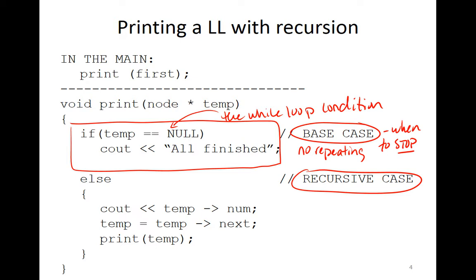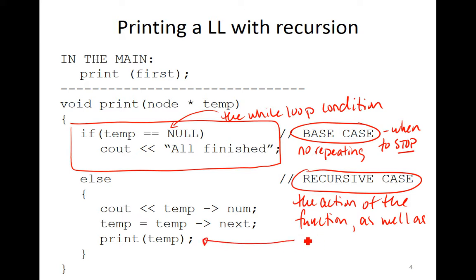And then the recursive case or the recursive cases, these describe, for the most part, where the action is. The action of the function is here, as well as calling the function again.